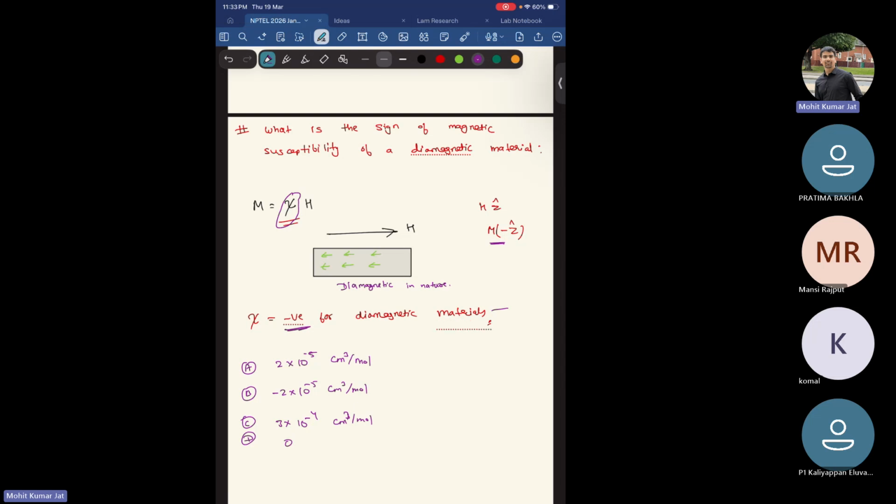In that case, for the diamagnetic material, we know the susceptibility is negative, so option B will be the correct one. This kind of question may come in your exam, and you should be prepared for these questions. So this is about the magnetic susceptibility.